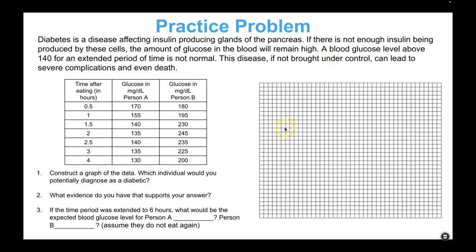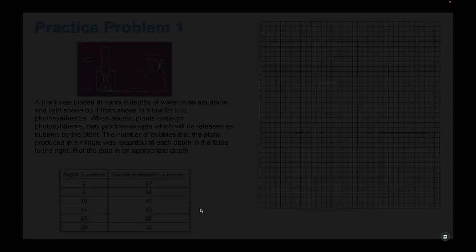So think about it. And so your first step is you want to make a line graph. Remember, if it's time, use a line. And then it's asking you what evidence you have to support your answer. So here you want to be specific and use quantitative data. So you want to use numbers. And then it's asking you to make a prediction. So go ahead and do that.